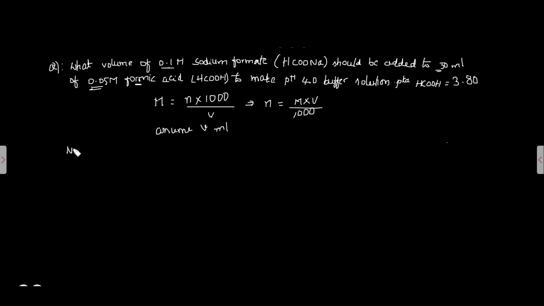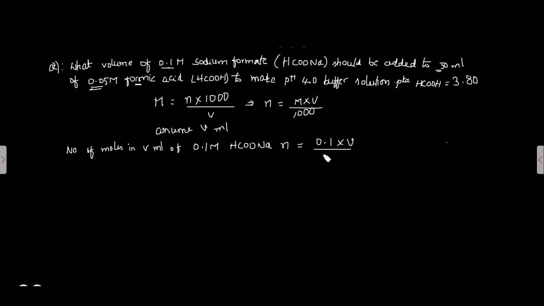So first of all you need to calculate number of moles in V mL of 0.1 molar sodium formate, which will be n equal to, molarity is given here, no, 0.1 into V. We need to find out V, right?